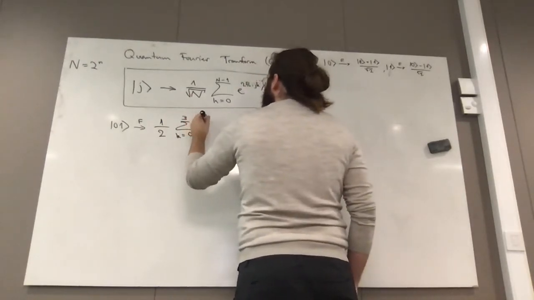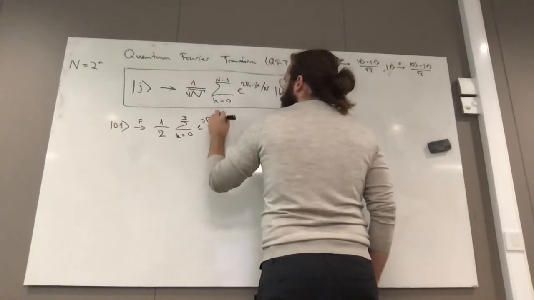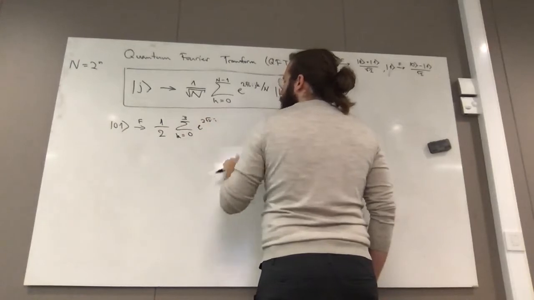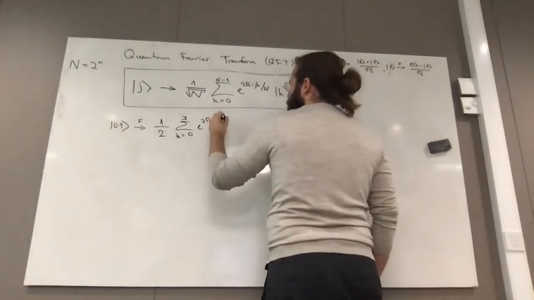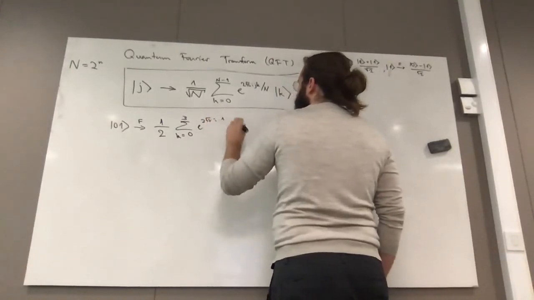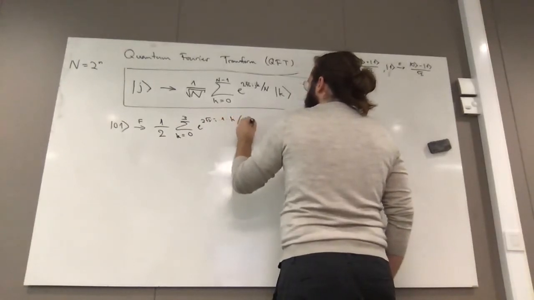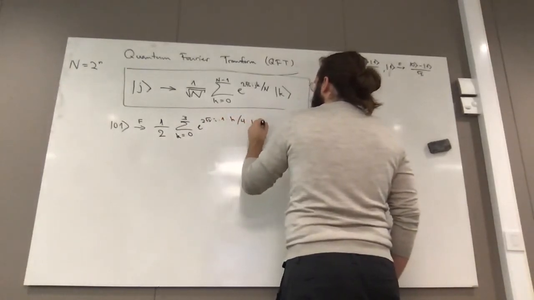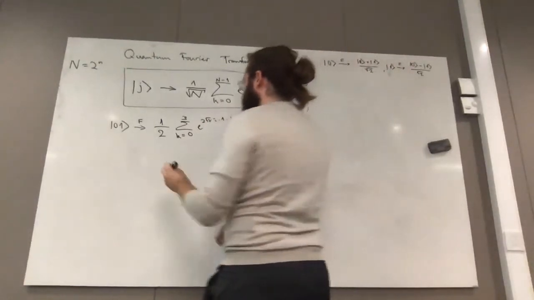E to the 2 pi I, 0, 1. I mean 0, 1 is the same as 1, right? Times 1, I'll write here for clarity, and times k over 4. Okay, so we are going to get a sum of 4 terms.